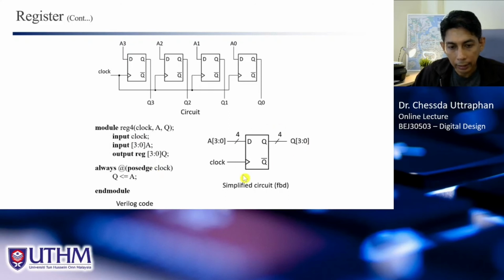And this is the simplified circuit, or FBD, functional block diagram, of the 4-bit register. We have 4-bit input and 4-bit output. And of course, we have the positive edge clock here.